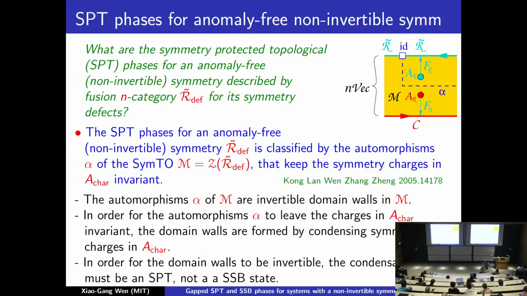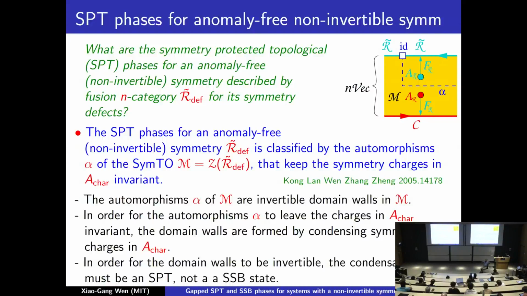So that's one result. And the motivation to see this result is the following. Usually an automorphism in the bulk topological order corresponds to a transparent or invertible domain wall. So there's an actual domain wall, a transparent invertible domain wall, which describes the automorphism. But this domain wall can be viewed as formed by the condensation of anyons.